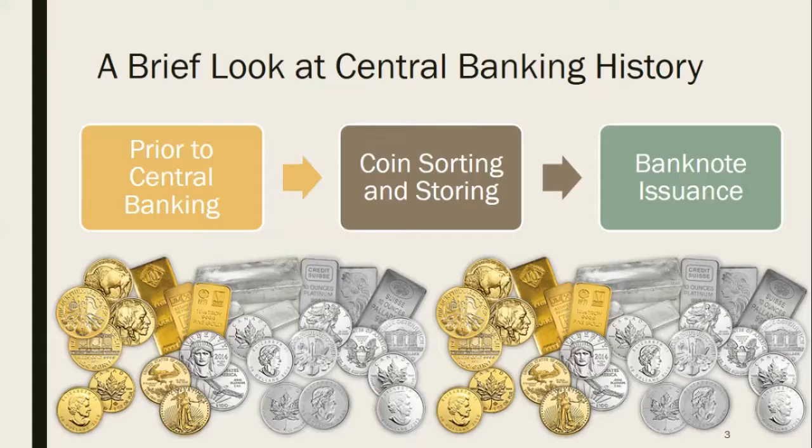Now, prior to central banking, in the economy, I think you know the concept of the barter system. That is, we are exchanging a good for a good instead of using a medium of exchange. There was no medium of exchange in the barter system.